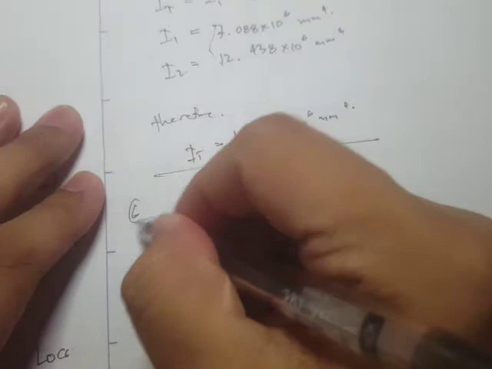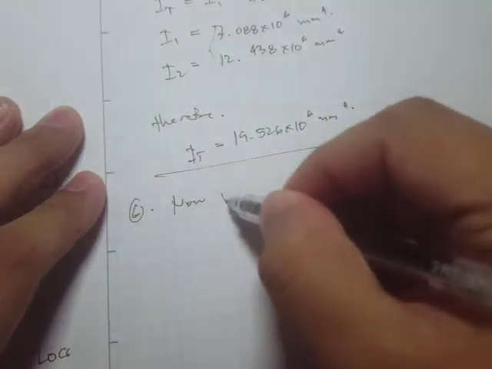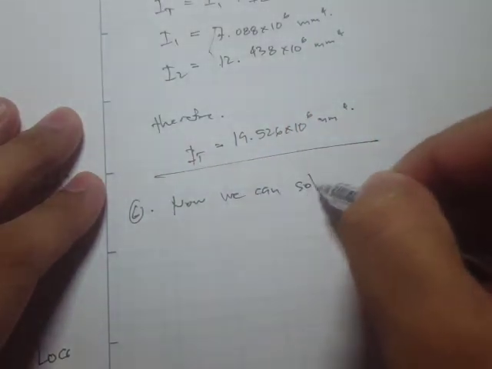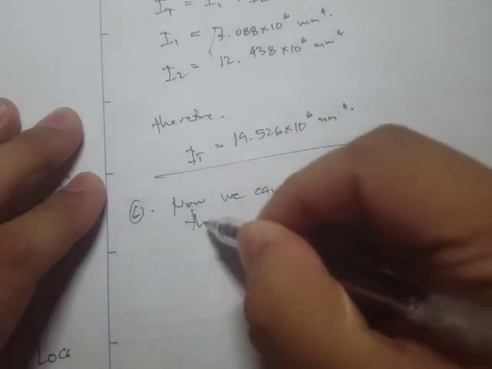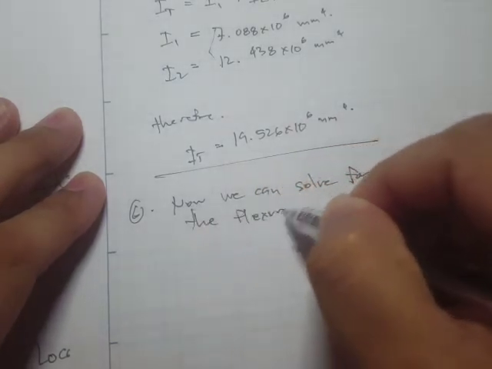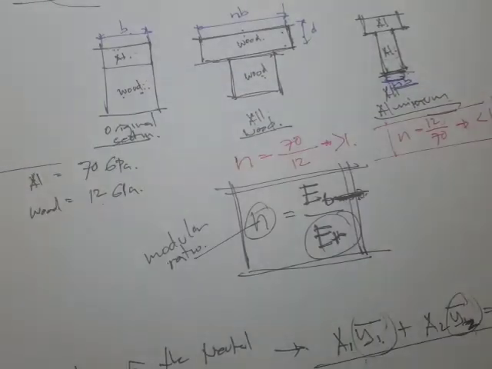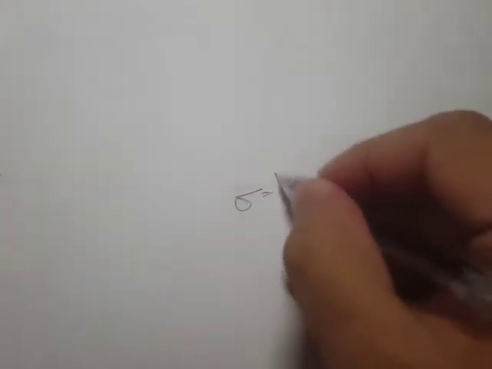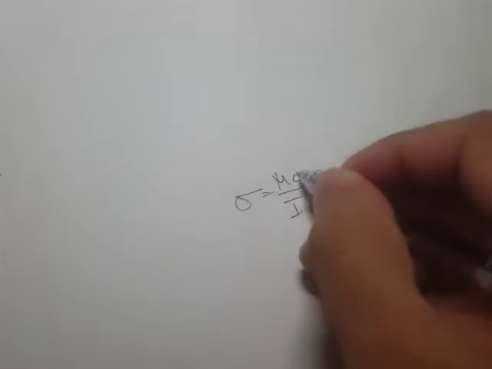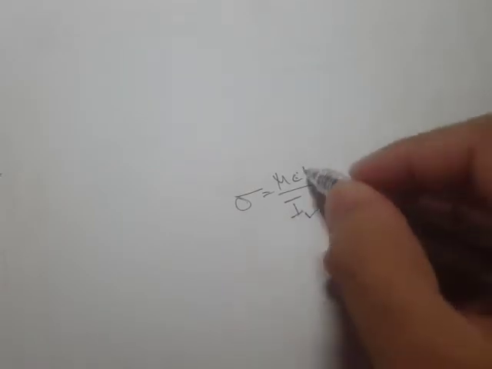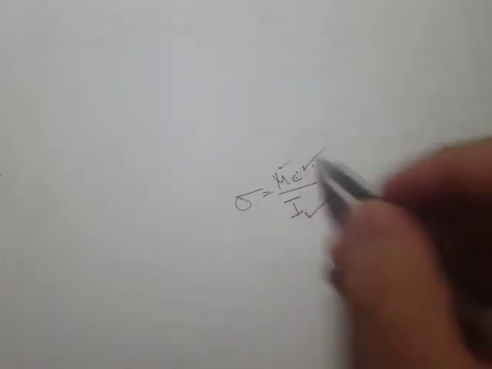So now we can solve for the flexural stresses, because if you recall, the flexural stress is just mc all over I, or my all over I. We have this, we have that, and we have this moment, so we can solve now.